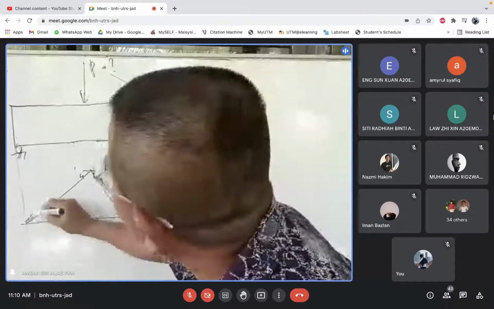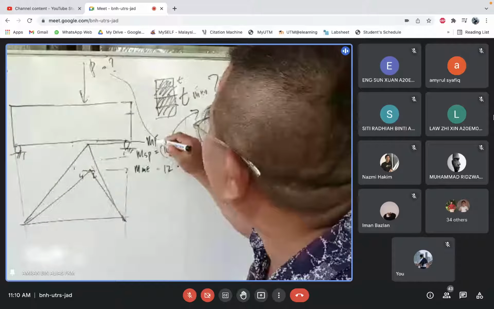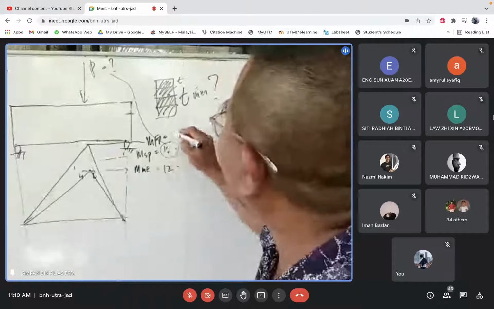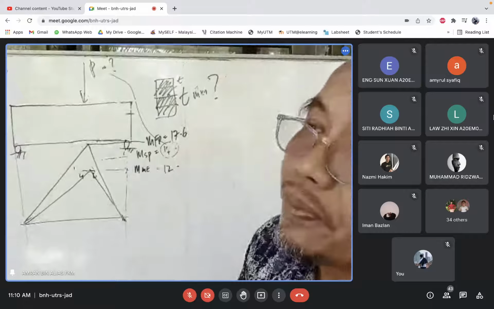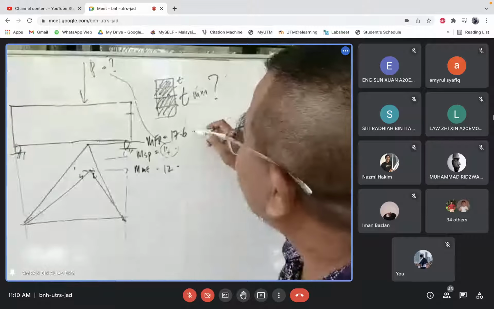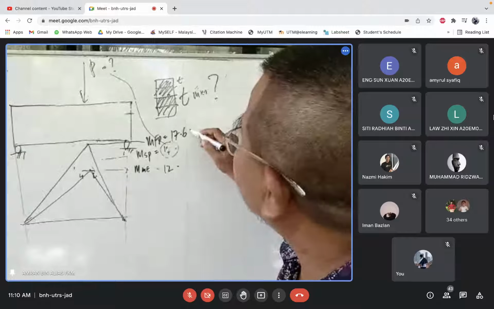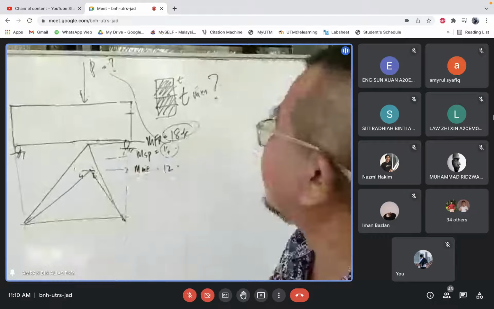So there must be a different graph there. That moment here may be moment fully plastic. The value may be, I don't know, 17.6, maybe 18 or whatever. Yeah? Let's say 18, 18.4, fully plastic.